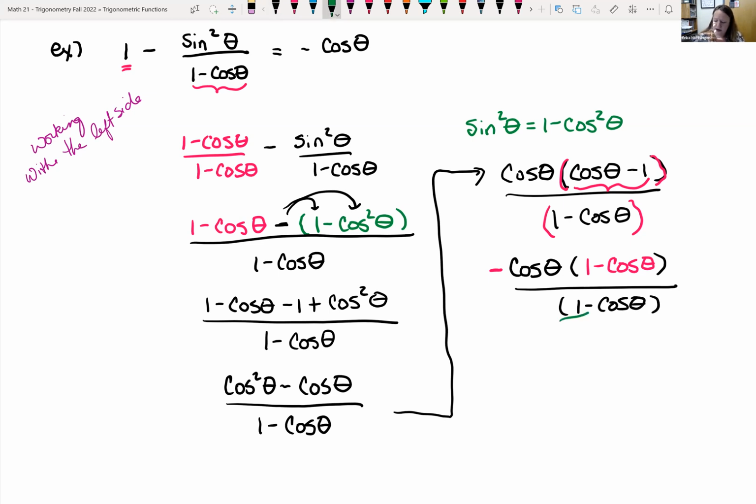Our 1 minus cosine thetas cancel, and we're left with our negative cosine of theta, which is what we wanted to show. So we're done.